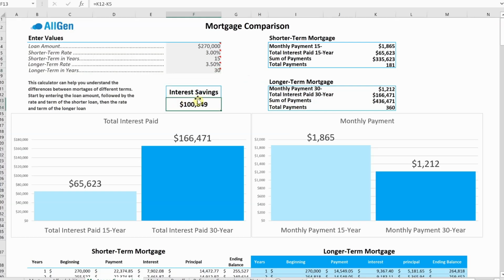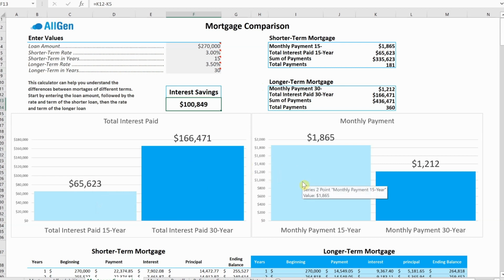All right, and as you can see, the interest savings is over $100,000 if you were to go with a 15-year mortgage versus a 30-year mortgage. You can see the total interest paid on a 15-year mortgage is $65,623 versus on a 30-year mortgage you're going to pay $166,471.